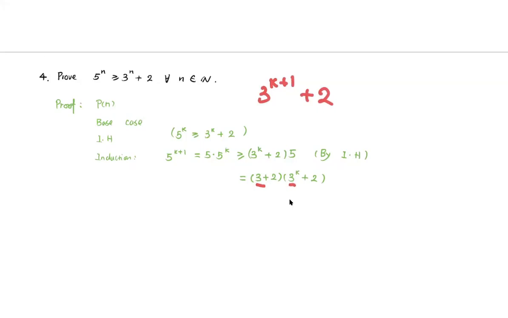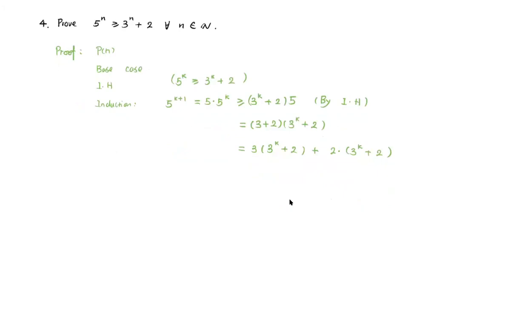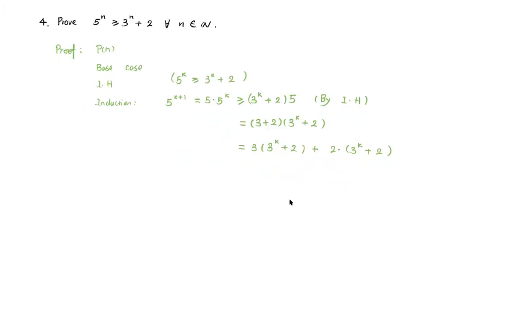So in this case, you have 3 to the k plus 1. So you open a bracket, you'll get 3 times 3 to the k plus 2 plus 2 times 3 to the k plus 2. This is greater than or equal to 3 to the k plus 2.